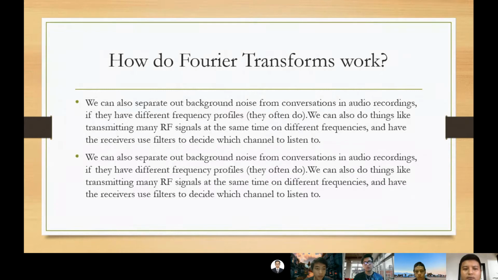We can also separate out background noise from conversation in an audio recording if they have different frequency profiles. They often do.